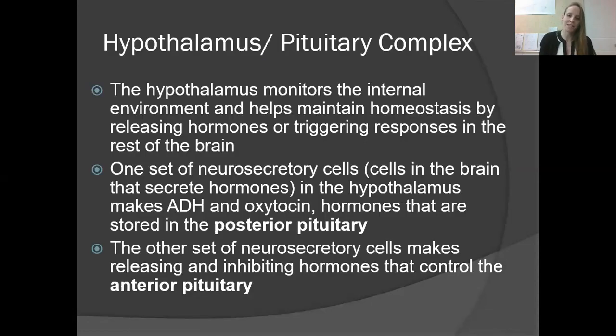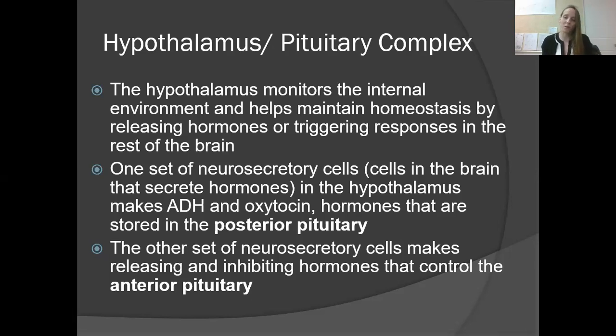So the hypothalamus is responsible for monitoring the internal environment of your body and maintaining homeostasis. And it does that by essentially controlling the release of all of these different hormones in the body. Inside the hypothalamus, there is a set of cells called neurosecretory cells. And those are the cells of the hypothalamus that actually make hormones. And then those hormones go to the posterior pituitary to be stored.